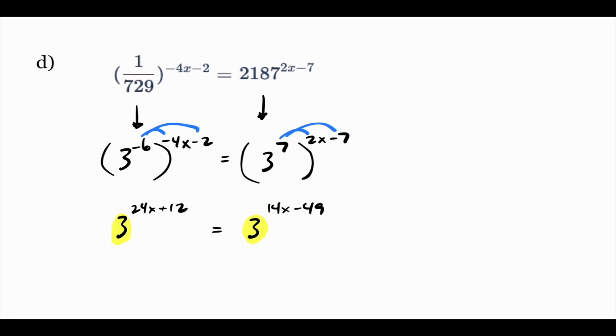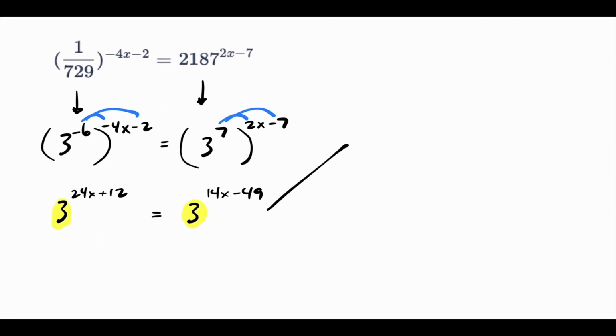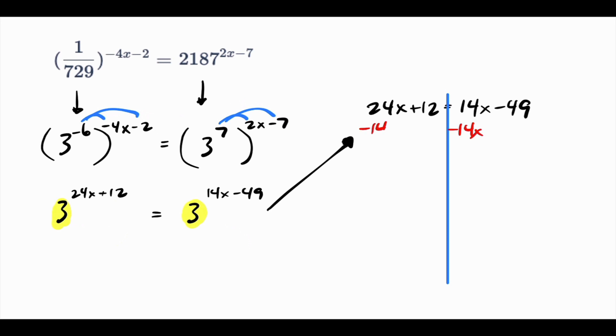Bases are the same. So that means exponents have to be the same too. So I'm going to set the exponents equal to each other. 24x plus 12 equals 14x minus 49. Okay, solve for x.